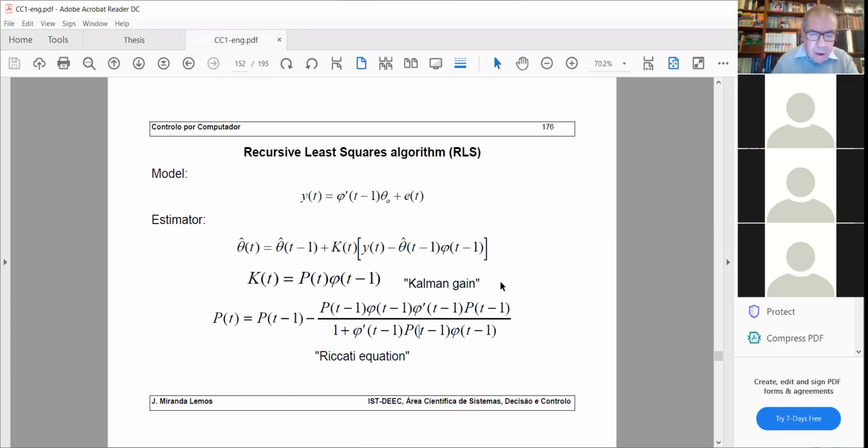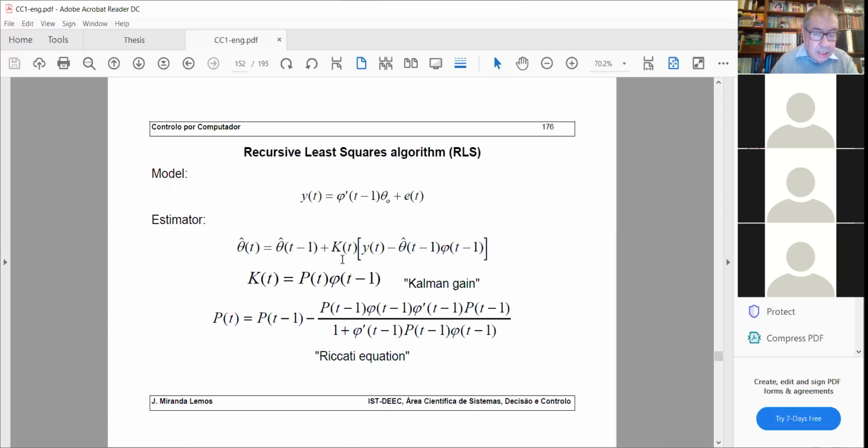Okay. Some of you probably have heard about the Kalman filter. Actually, this is a special case of the Kalman filter. Okay, that's why I call this the Kalman gain. It's not just myself; it's a common usage to call this the Kalman gain.